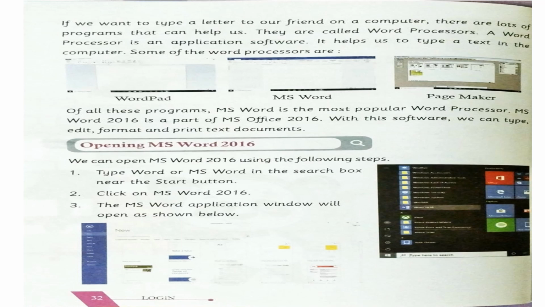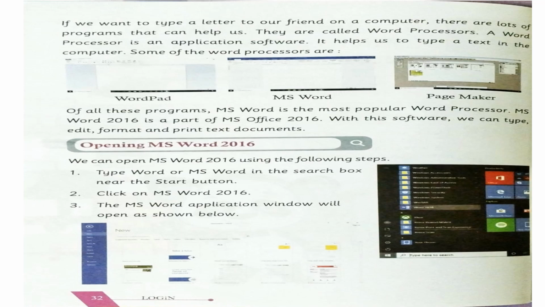There are different types of word processors available in the market, like CorelDRAW, WordPad, MS Word, PageMaker, etc. We are going to discuss MS Word, which is the most popular word processor.